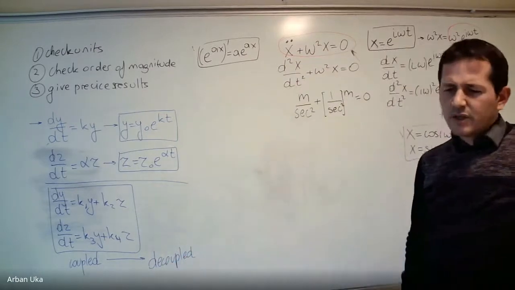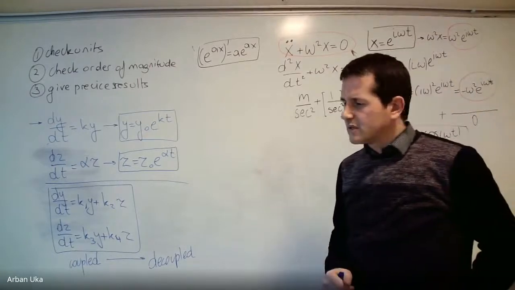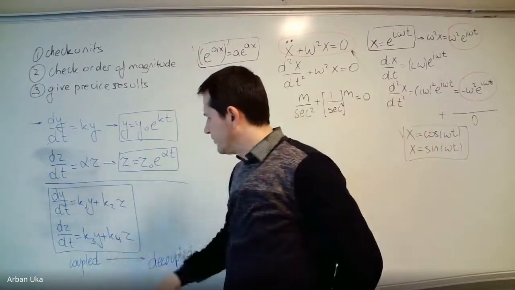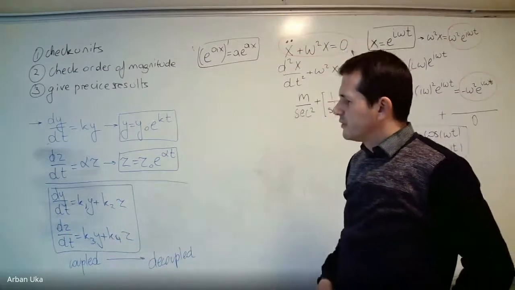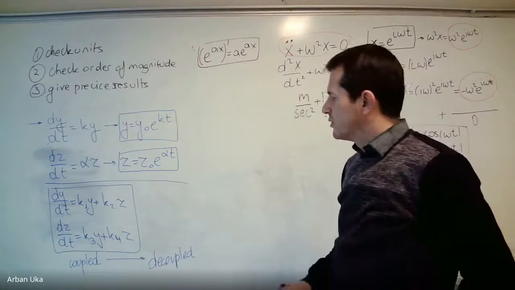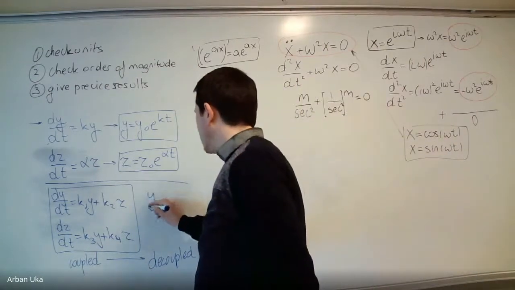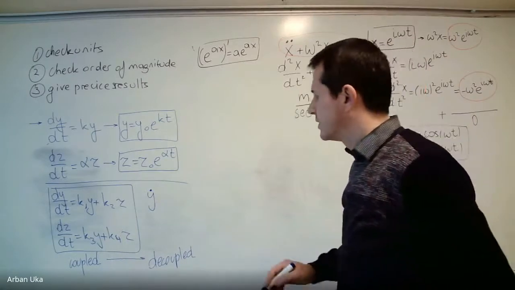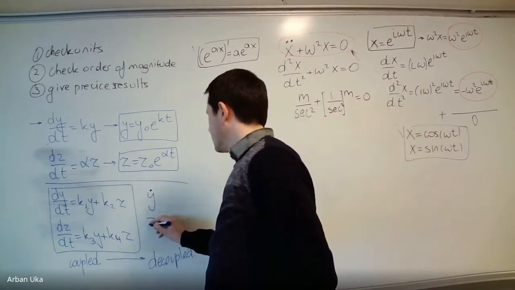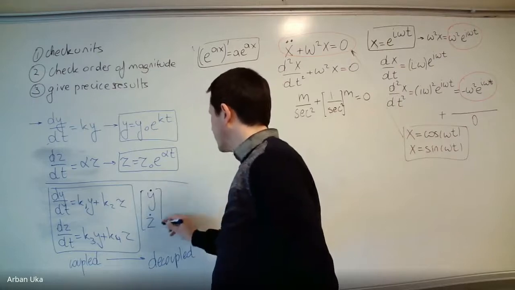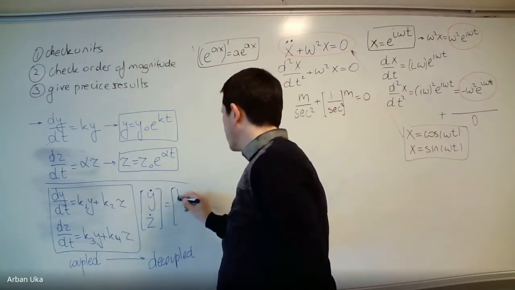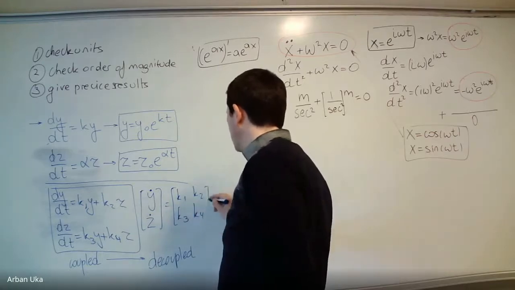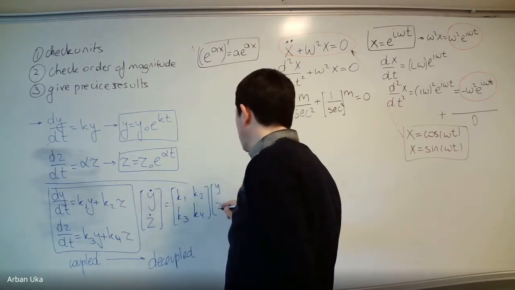Decoupled means that we can find a new basis which will depend on k1, k2, k3, k4, and then we can solve the problem in that domain. Okay? So in this case, we can say that y dot, so with dot we denote derivative with respect to time, and z dot, so here we have a vector, and these are the values of k1, k2, k3, k4, and here we have y and z.